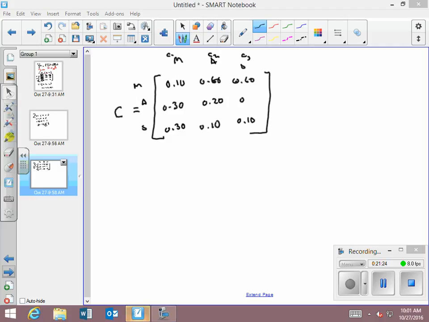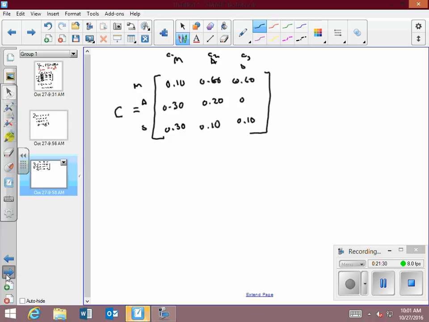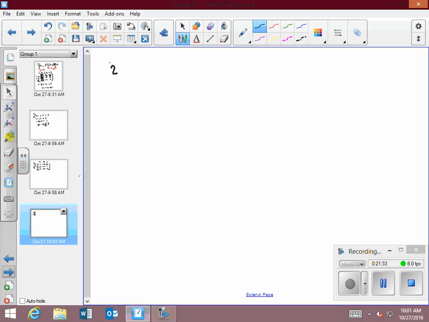Now what they're asking in number 2 is to determine the production levels needed to satisfy a final demand of 18 units for agriculture, with no final demand for the other sectors. So what we have is that C matrix, and then our demand is going to be the vector 0, 18, and 0.